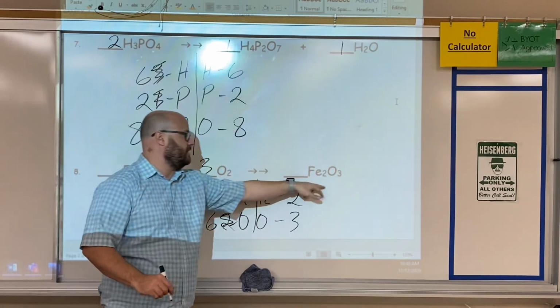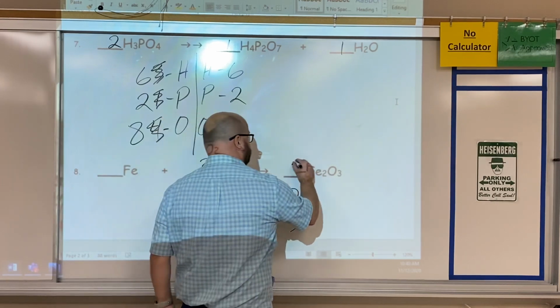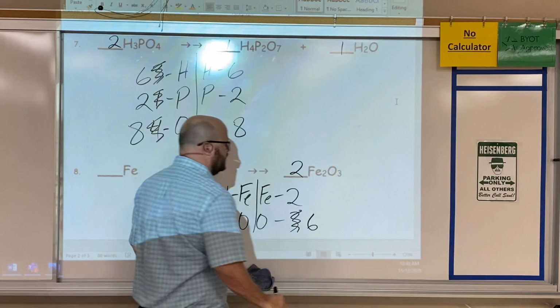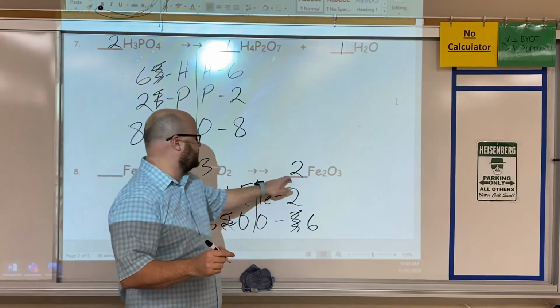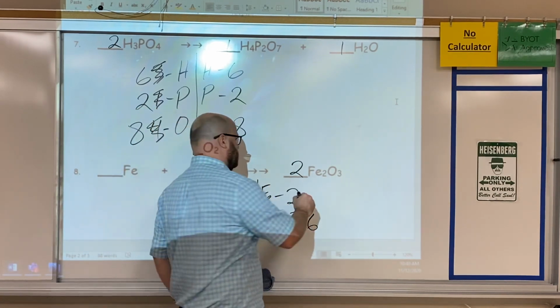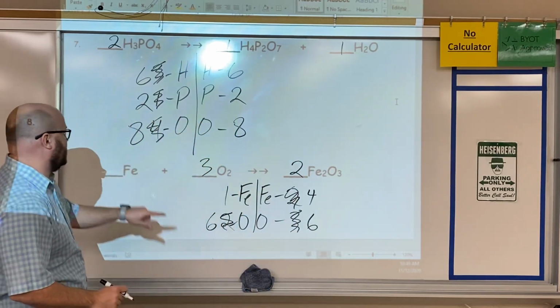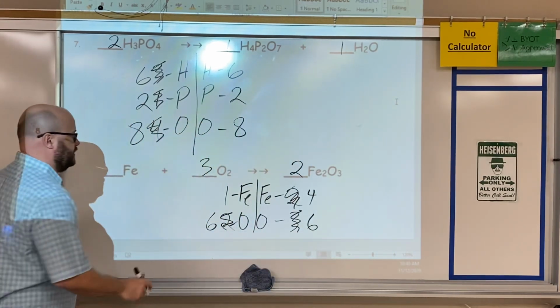Opposite side. How do you make this 6? Put a 2. 2 times 3 is also 6. But that changes your iron to 2 times 2, which is 4. But we're not sweating it because we've got a wild card over here.